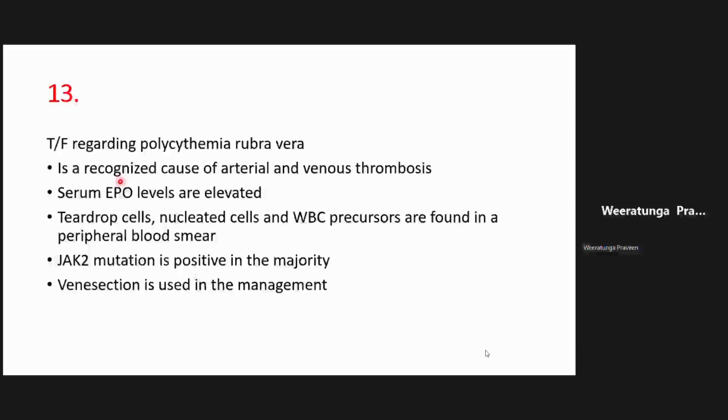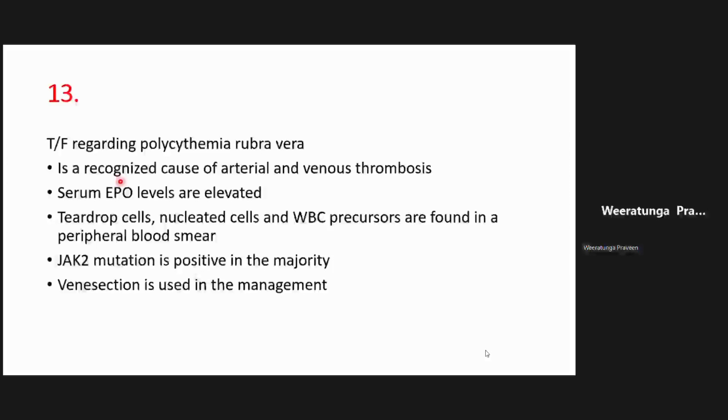Diagnosis is clinical plus you do the increased hemoglobin, HCT, red cell mass, and low erythropoietin. All of that are in favor of a diagnosis of polycythemia rubra vera. And then most of these people are JAK2 mutation positive, right?